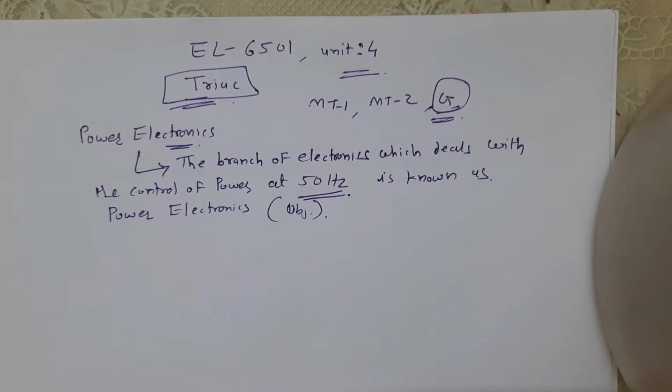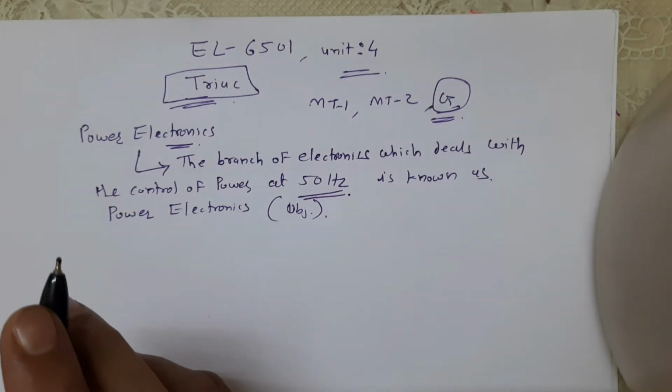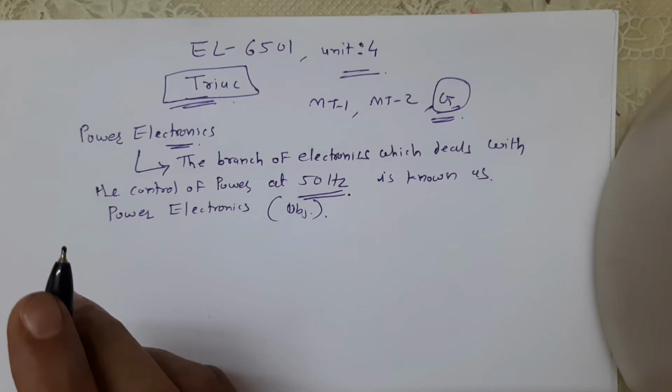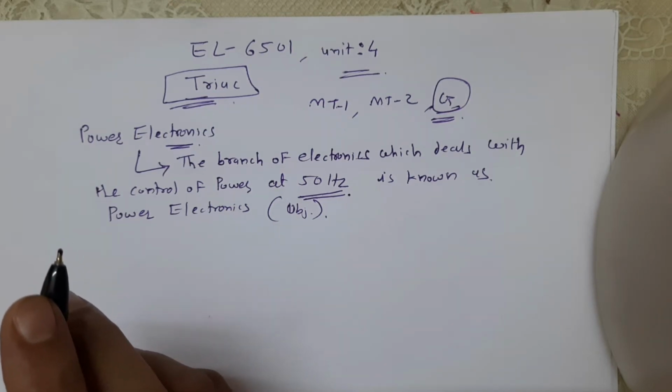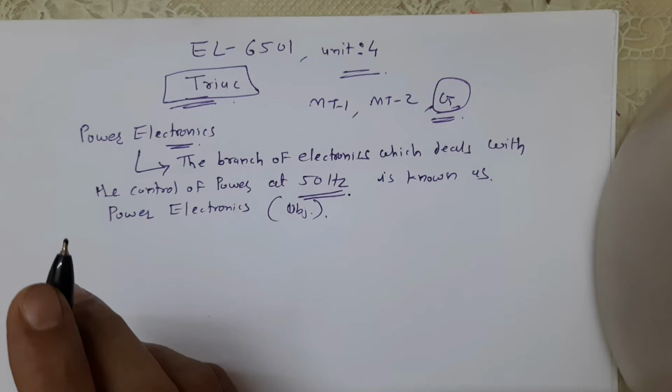There are many applications where it is desired to control, or we can say regulate, the power fed to the load. For example, to change the speed of a fan or motor. So far we have been using electrical methods to exercise such controls.